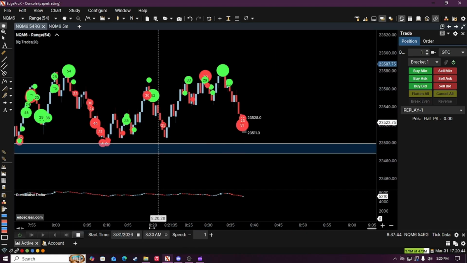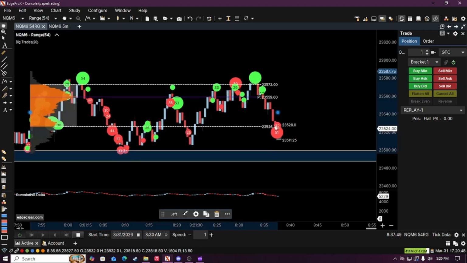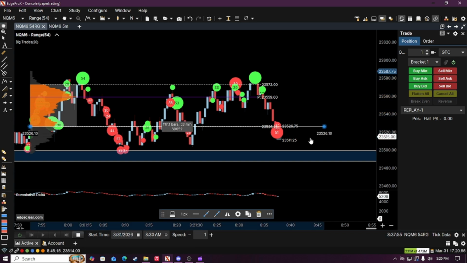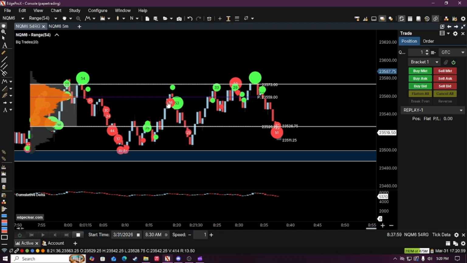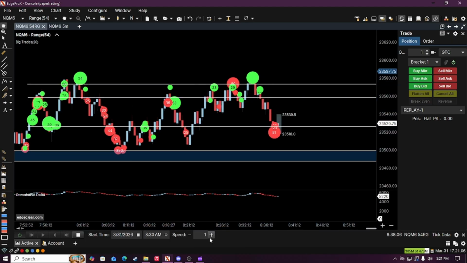So I want to go like this and mark the, where is this? Value area low, remember? Value area high. There you go. And the point of control. There you go. And now we wait.